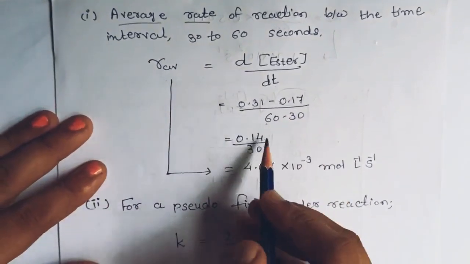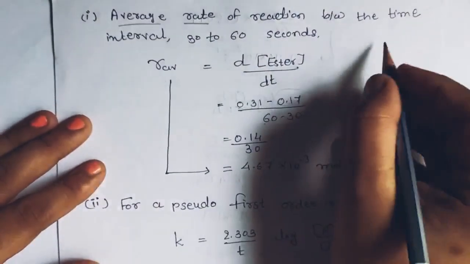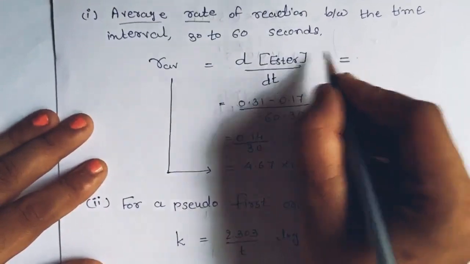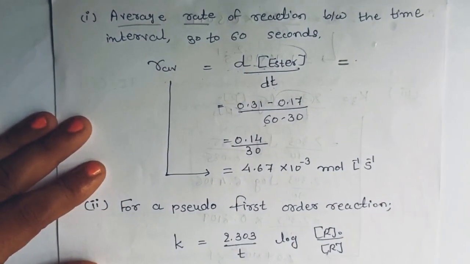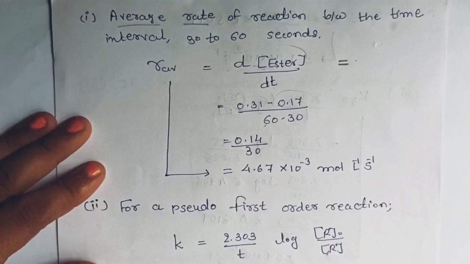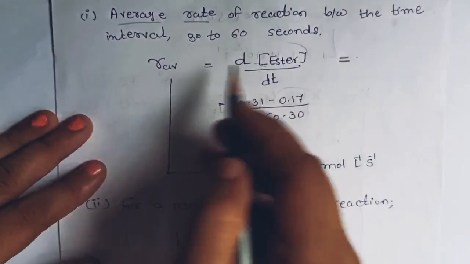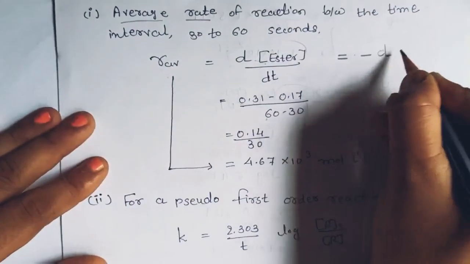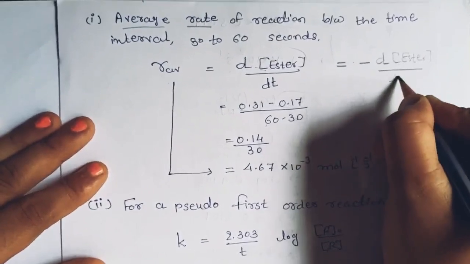Here actually I didn't put that sign. This is an ester which is hydrolyzing, so the concentration of ester is decreasing. So we can write the rate as minus d concentration of ester divided by dt.